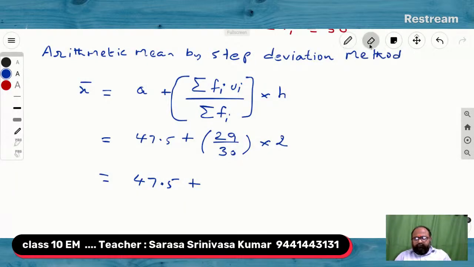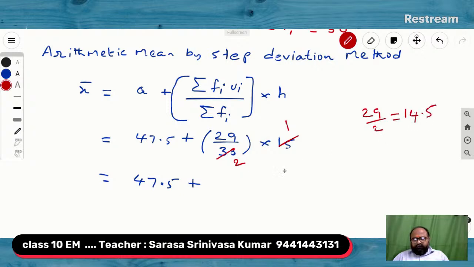Not 2, H is 15. After simplification, 15 ones and 15 twos, you get 29 by 2, that equal to 14.5. So we can write 14.5.